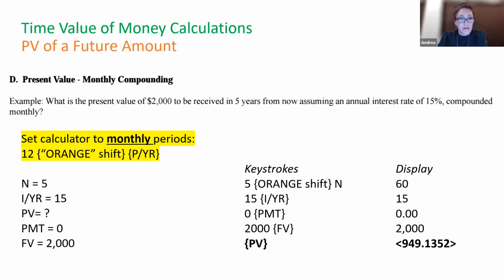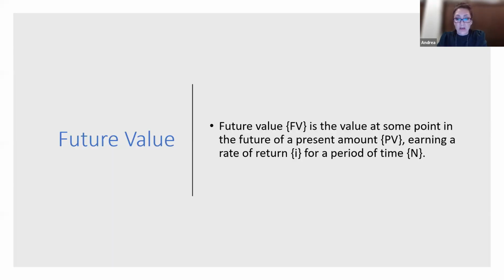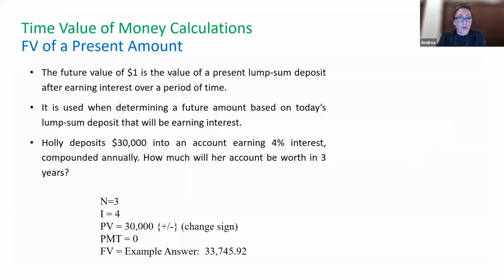All right. So that is the present value of a future amount. Now we're going to look at the future value. So let's just look at the future value of a present amount. Let's look at this example here with Holly. Holly's depositing $30,000 into an account earning 4% compounded annually.